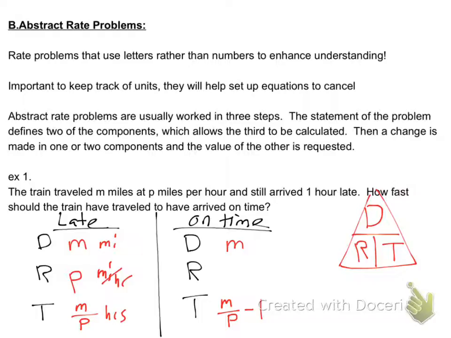And then I could go through the same idea. Now I got to find a rate. But the rate is using the same distance equals rate times time. If I cover up the rate, it is the distance over the time. The distance is m over p minus 1.